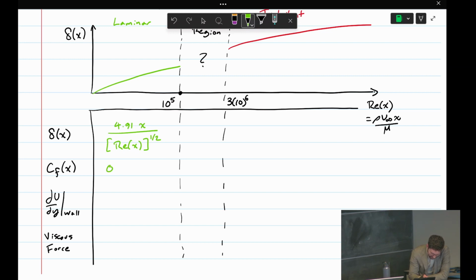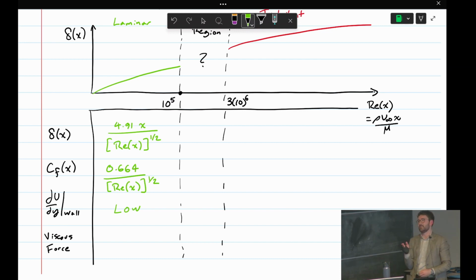Skin friction coefficient, 0.664 over the Reynolds number at that location, again to the power of 1/2. Laminar boundary layers are characterized by a low velocity gradient at the wall. So that just says low.